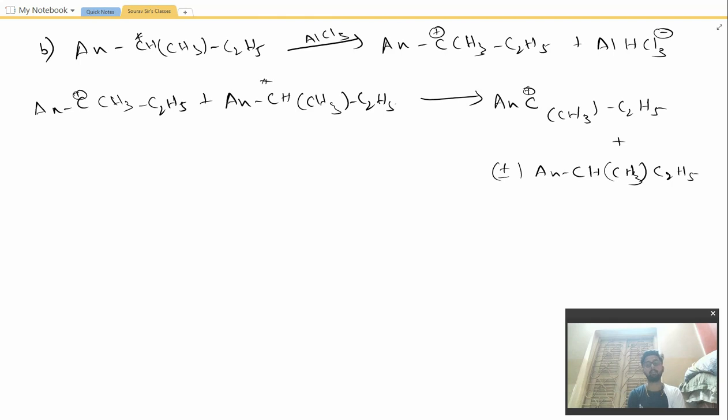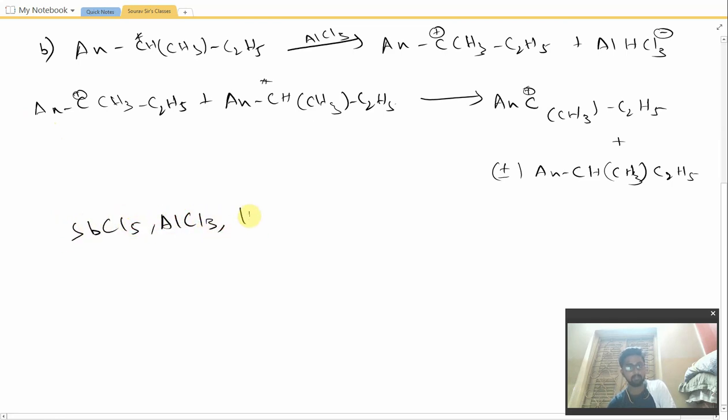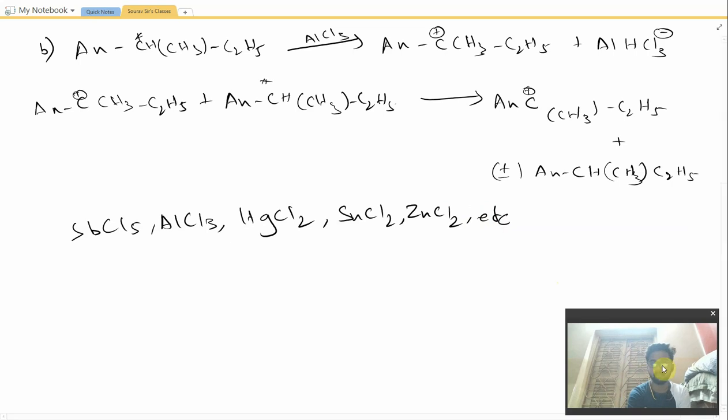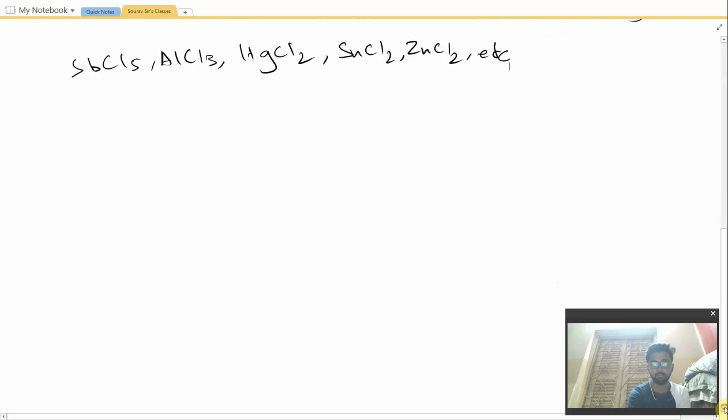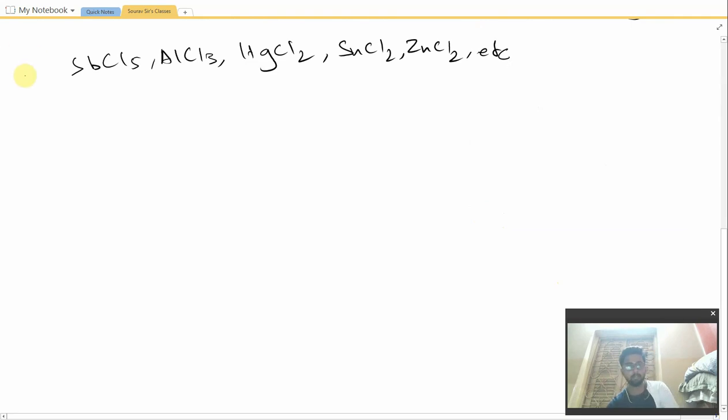The Lewis acids that we can use for racemic modification by cation formation are SbCl5, AlCl3, HgCl2, SnCl2, ZnCl2, etc.